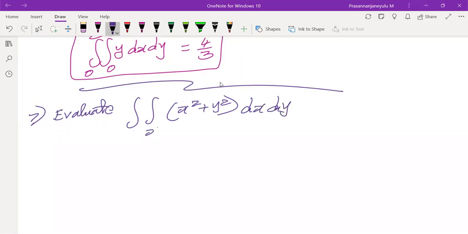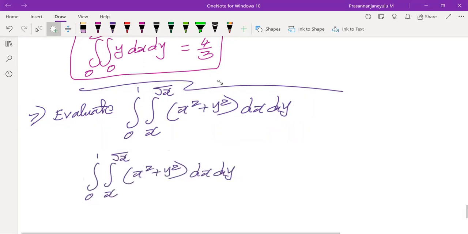Limits on interior integration are x to root x. Limits on exterior integration are 0 to 1. Now tell me, what is our problem? This is our problem. So if we start the solution, this is the problem we are getting.